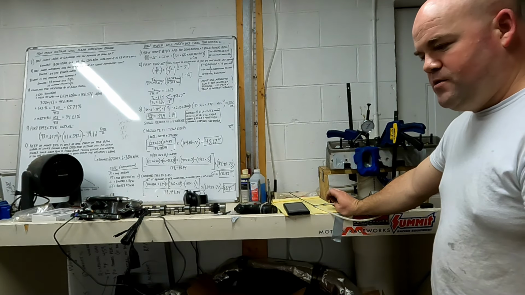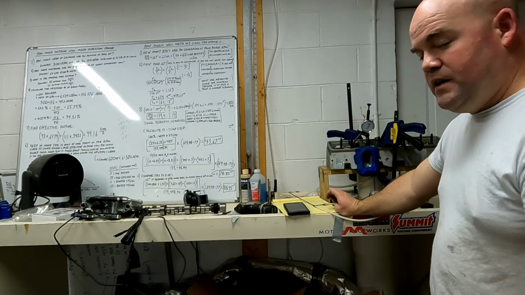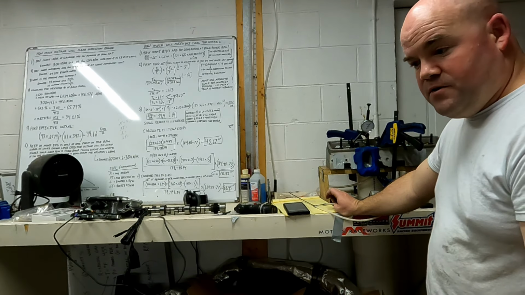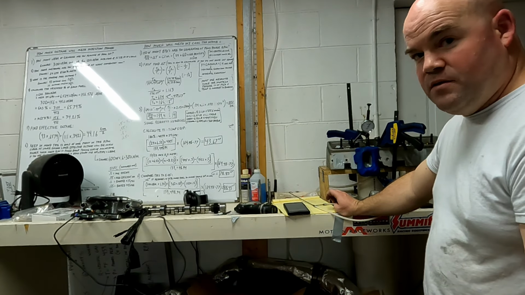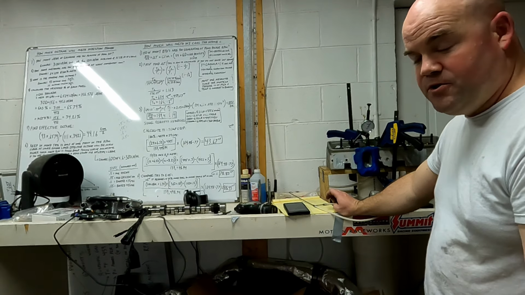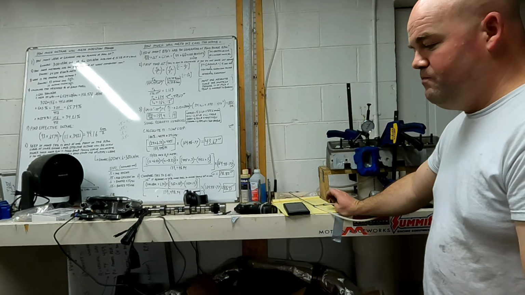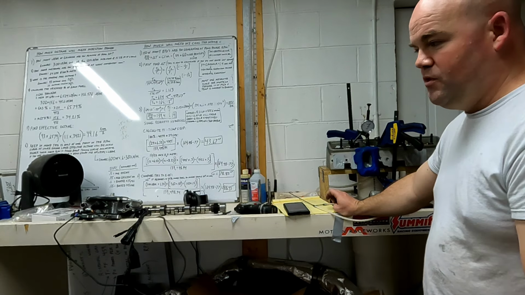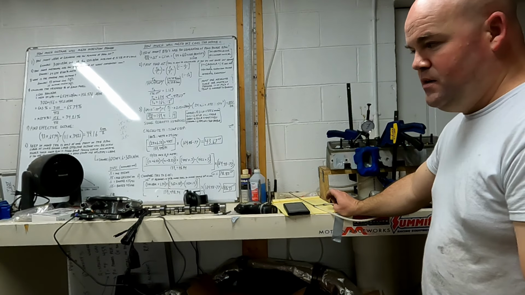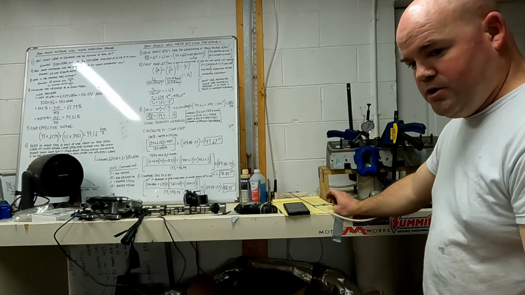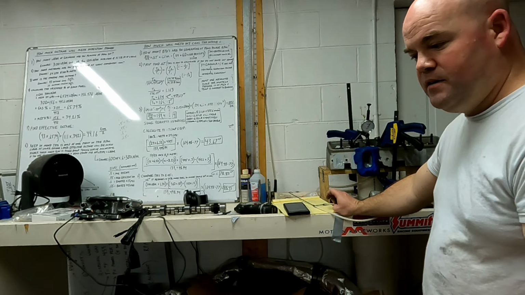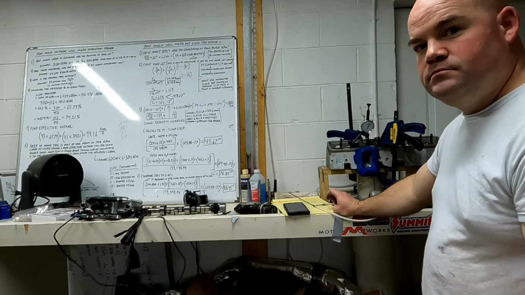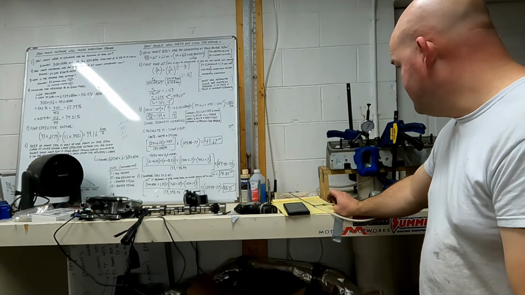And while everybody has their own methods, if you can get an average velocity of 330 feet per second everywhere in the port, the flow will be there. Your port will be happy. And if you can make the port larger without dropping average velocity, you're going to flow more air. Period. End of subject.